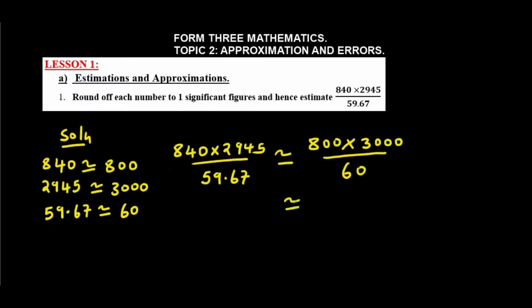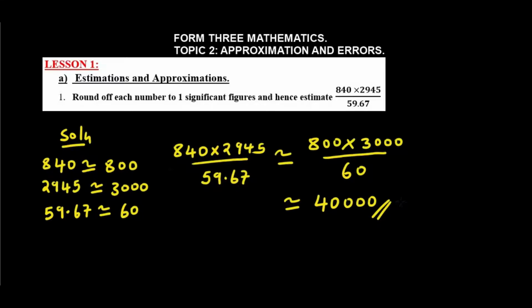So this gives us 40,000. So this 40,000 is a rough estimate of the value we should get when you work out the actual values we had, that is 840, 2945 and 59.67.